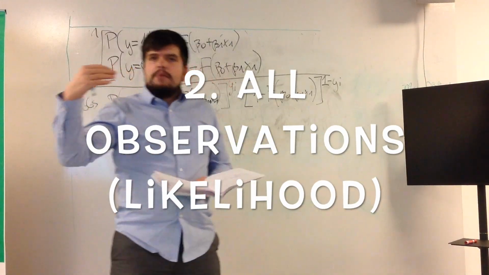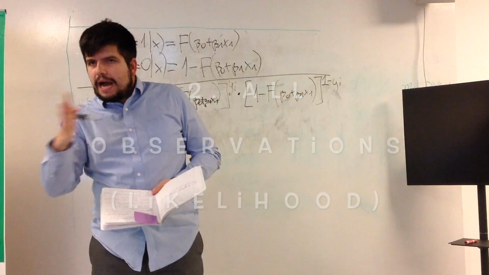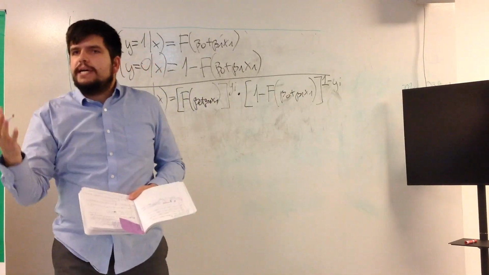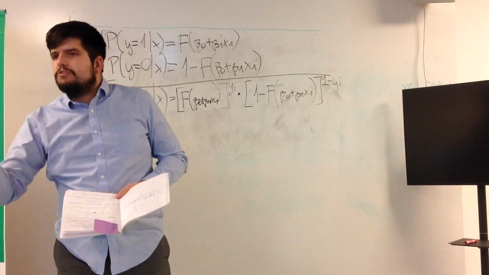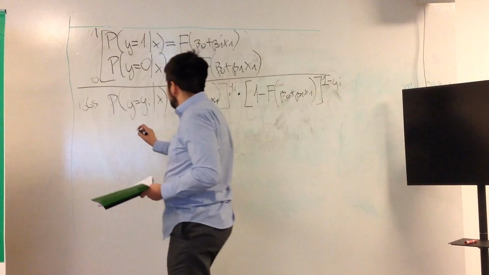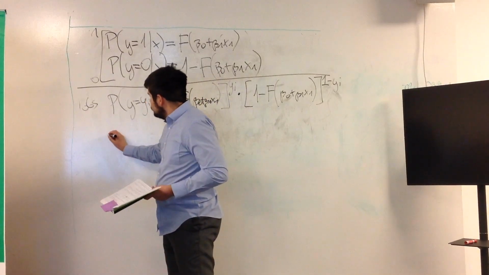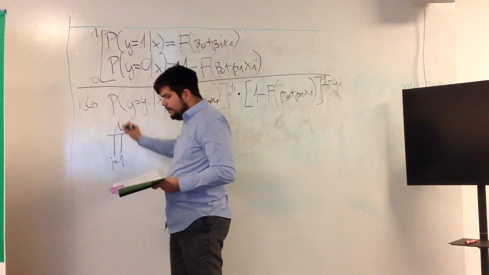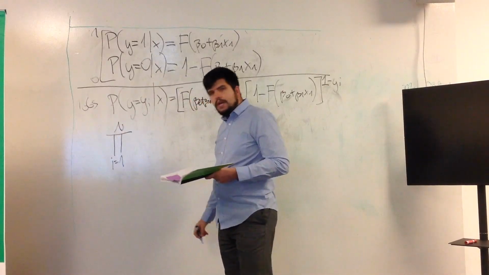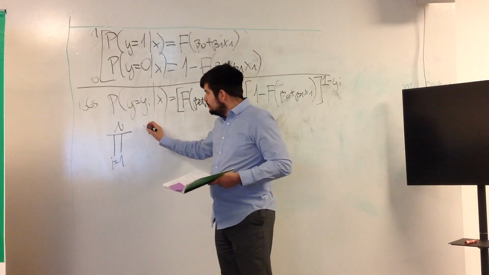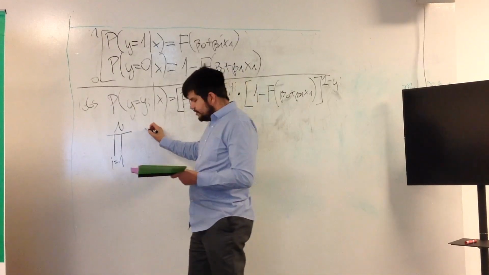Now what's going to happen if I want this for all of my observations, for my entire data set? We need to do a product of all of the probabilities. So focus here, product. For all the observations, it'll be a product from i equals 1 to n. This is the likelihood, the likelihood for all of the observations.